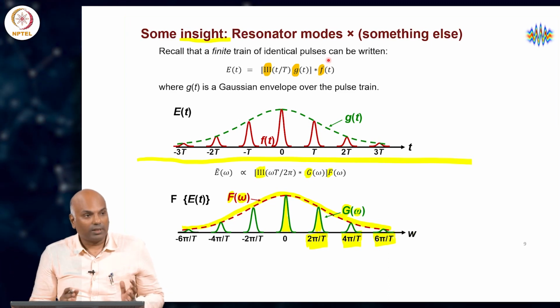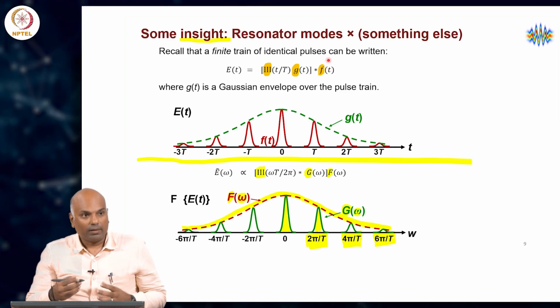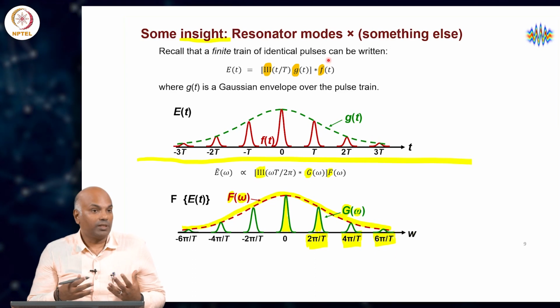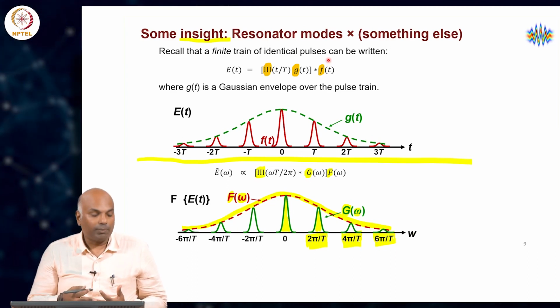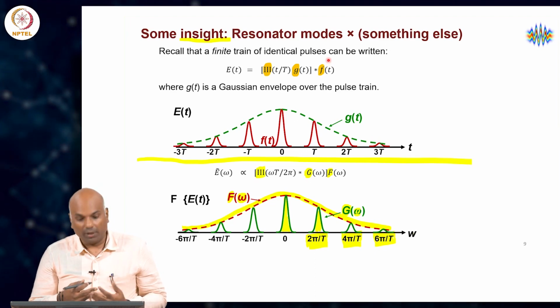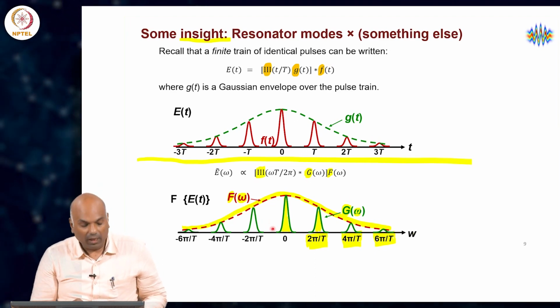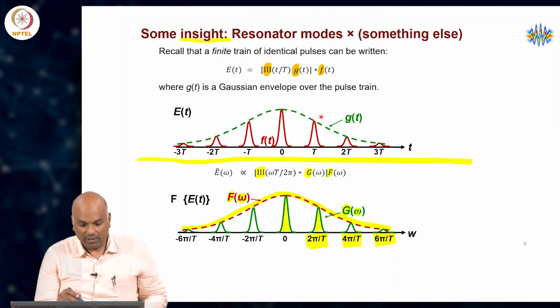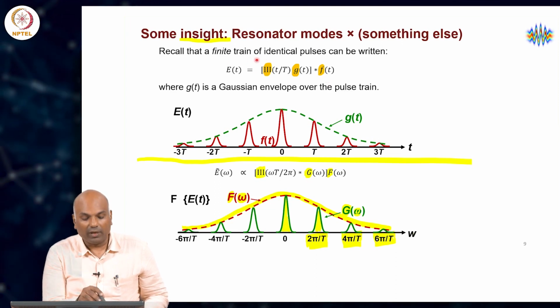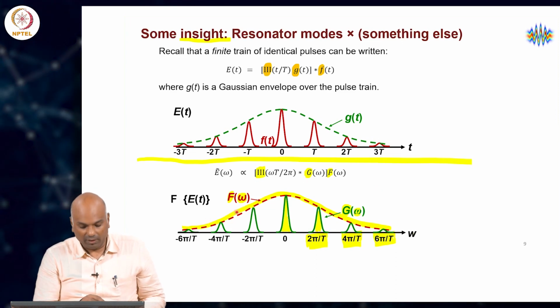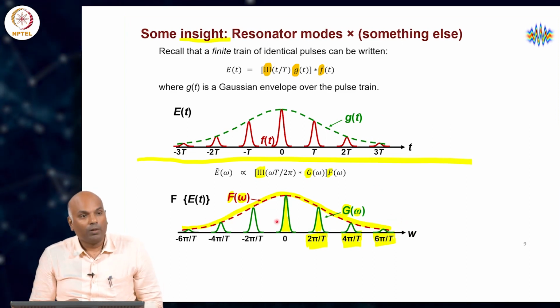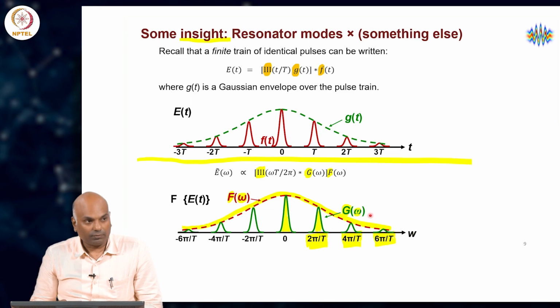So, what this tells us is that there is certainly a set of physical conditions or realizations possible with the Fabry-Perot interferometer or echelon, where we have the hope of creating a train of identical pulses. Here the train is of course finite, owing to the fact that the spectral amplitudes are also over a finite spectral width.